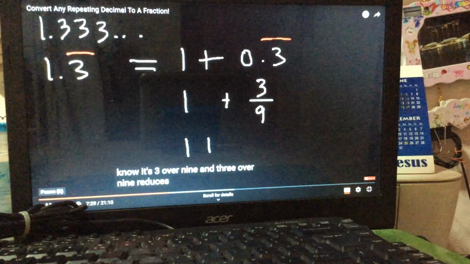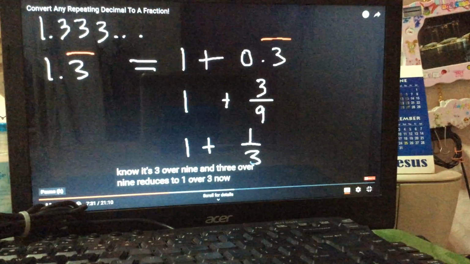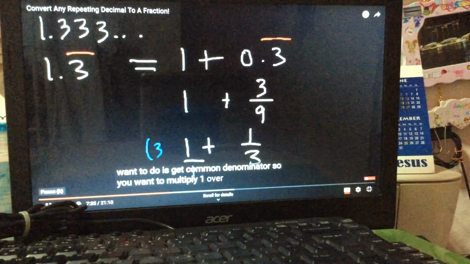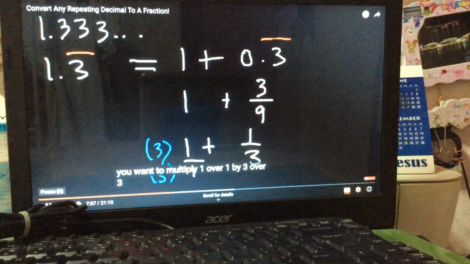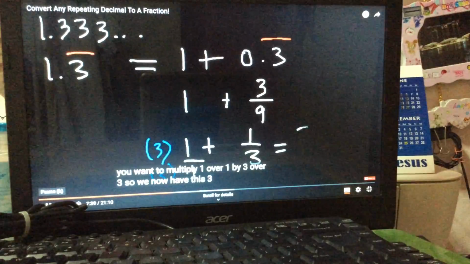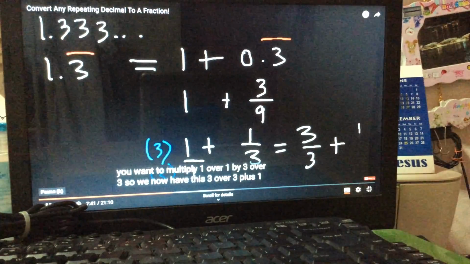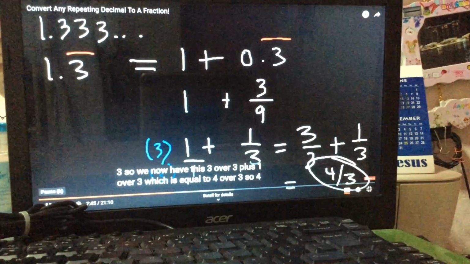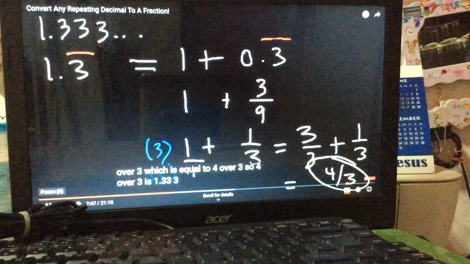And 3 over 9 reduces to 1 over 3. Now what you want to do is get common denominators. You want to multiply 1 over 1 by 3 over 3. So what you now have is 3 over 3 plus 1 over 3, which is equal to 4 over 3. So 4 over 3 is 1.333 repeating.